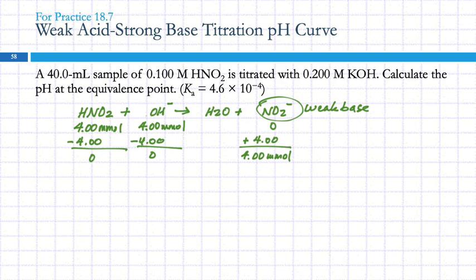So at the equivalence point, we have a solution of a weak base. So nitrite ion plus H2O is then going to be in equilibrium with nitrous acid and hydroxide ion.